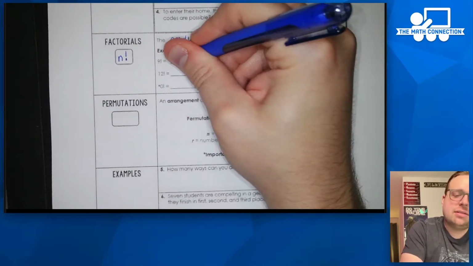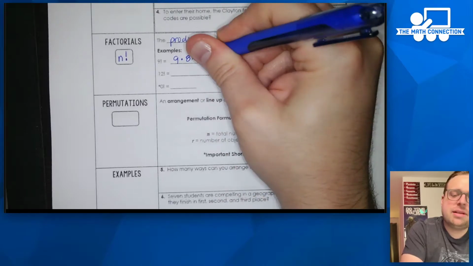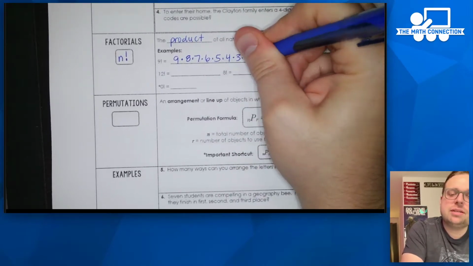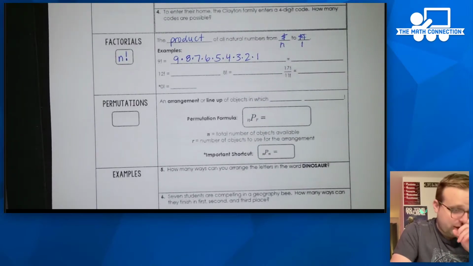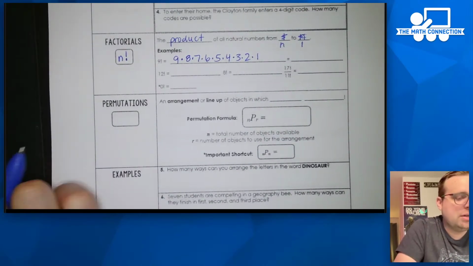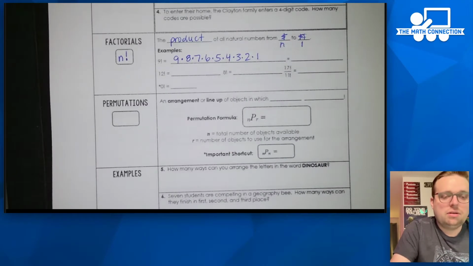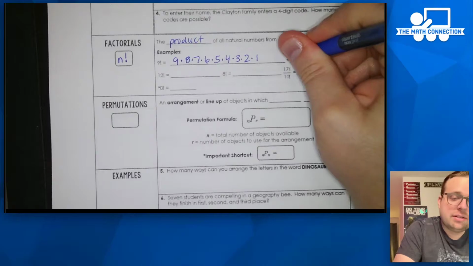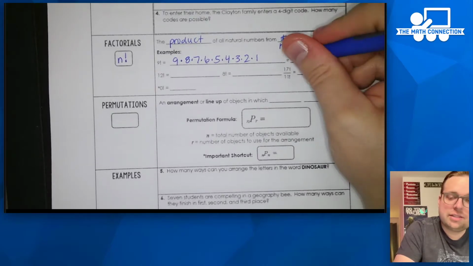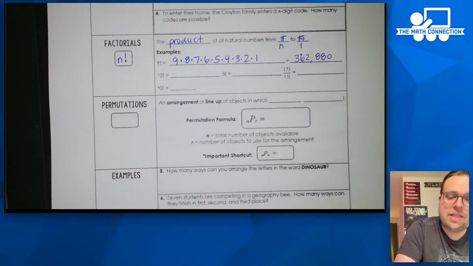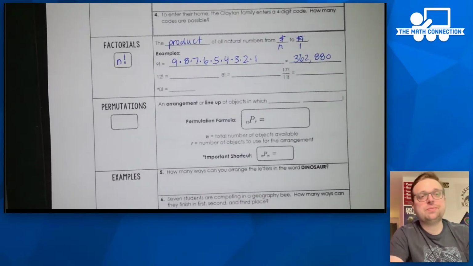So that's 9 times 8 times 7 times 6 times 5 times 4 times 3 times 2 times 1. And when you multiply all of that out, I'm going to just plug into my calculator. And I get 362,880. And that is what 9 factorial is equal to.